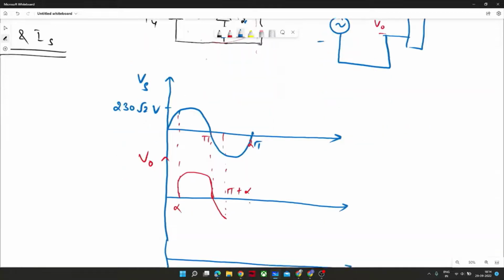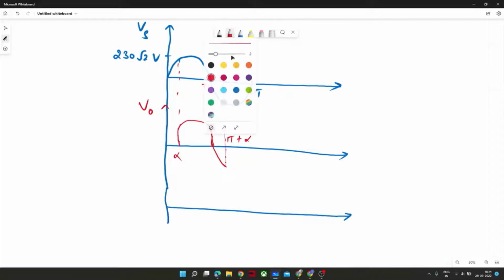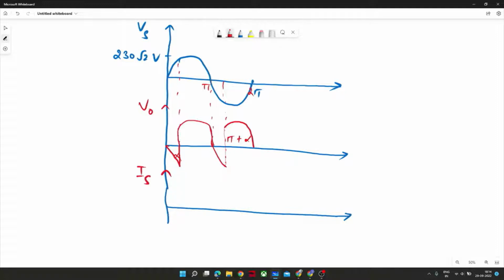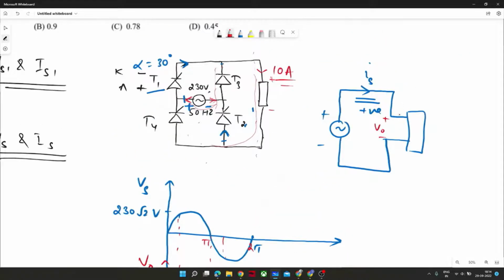So I was telling that this could be the waveform of V naught and it will repeat for the other cycle in a similar manner. Any doubt till this point? Now, the time is to show the current waveform of IS, right? IS will be always I naught, and this was I naught.